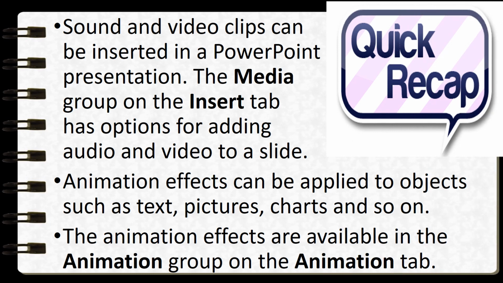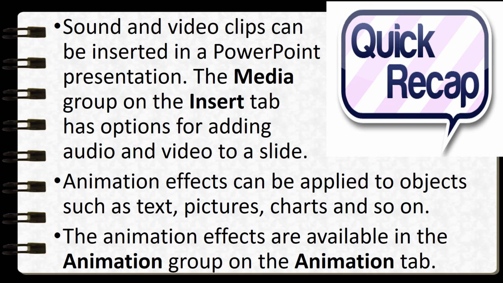Students, let's see the quick recap of this chapter. Sound and video clips can be inserted in a PowerPoint presentation. The Media group on the Insert tab has options for adding audio and video to a slide. Animation effects can be applied to objects such as text, pictures, charts, and so on.